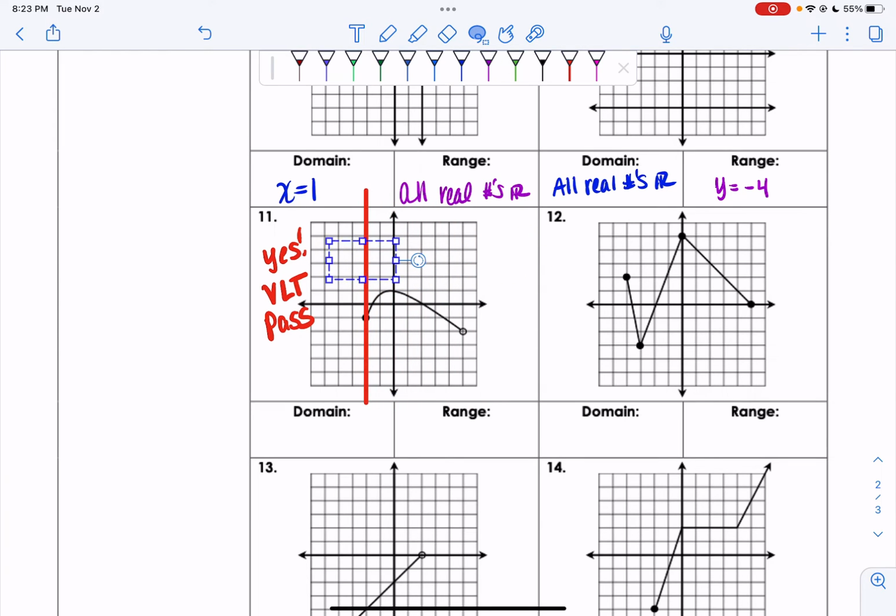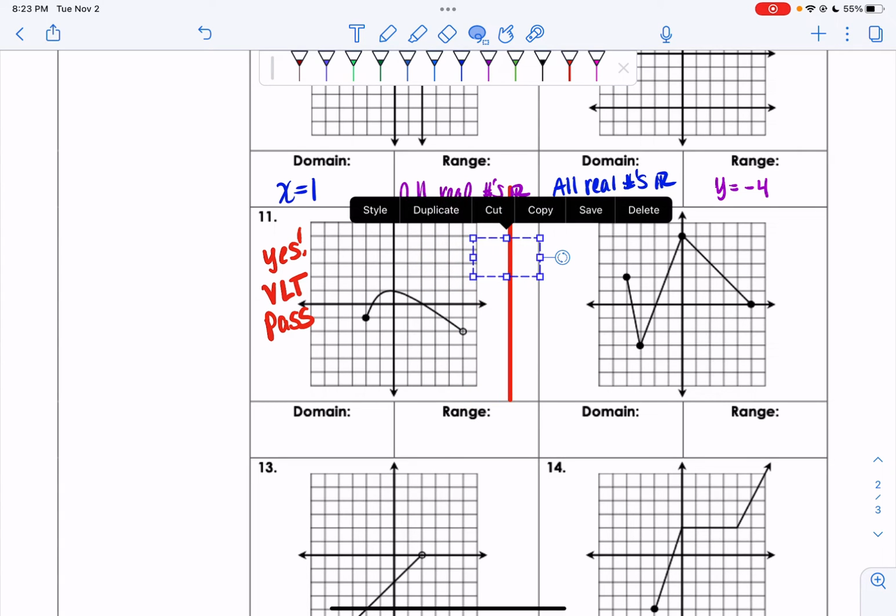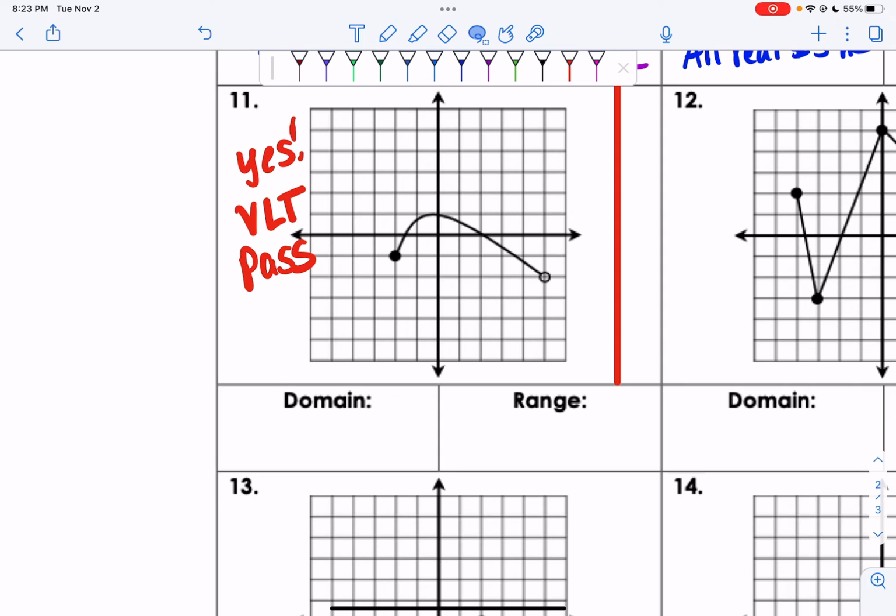I start right here at -2, and I end right here at 5. So if I look, my domain would be -2 less than or equal to x less than 5. Now the reason why I'm saying less than 5 is because if you look, this is a bullet hole. So if I want to, I can write this as -2 to 5.